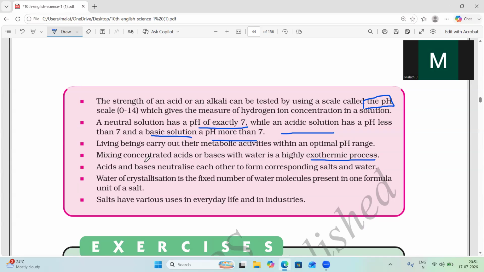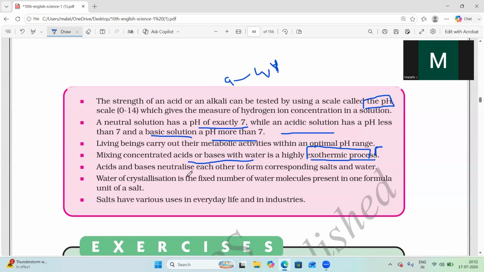We already know that we have to add acid into the water. While adding acid into water, what happens? It generates heat. Because of generating heat, we call these exothermic reactions. In exothermic reactions, along with the products, heat is liberated.